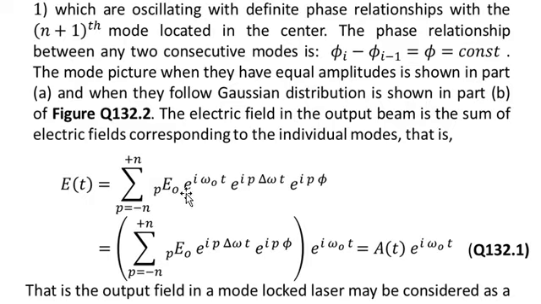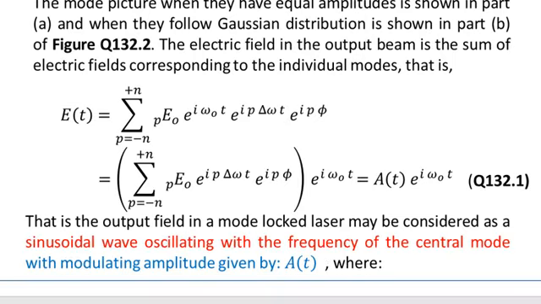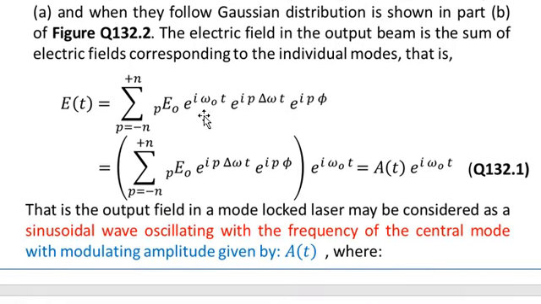So you see that this term is actually a complex amplitude, and the sigma summation sign represents the addition of the complex amplitudes. Now, from these complex amplitudes, we can separate out e to the power iota omega naught t, because the summation is not applicable to this quantity, and the rest of the quantities, which include the parameter p, have been summed under the summation sigma sign.